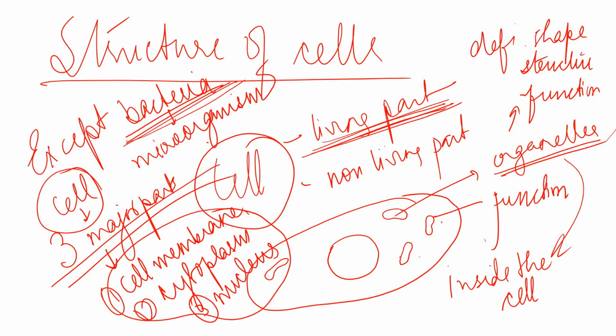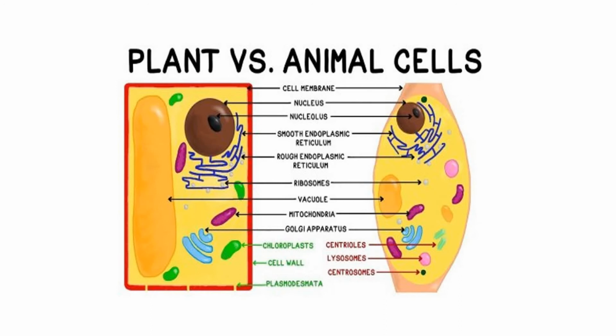Understood till this much? Next, plant cells have a cell wall which surrounds the cell membrane, and the cell wall is not found in animal cells. See, this is the picture. This is the plant cell and this is the animal cell. Your book says that plant cells have a cell wall. You can see where the cell wall is.